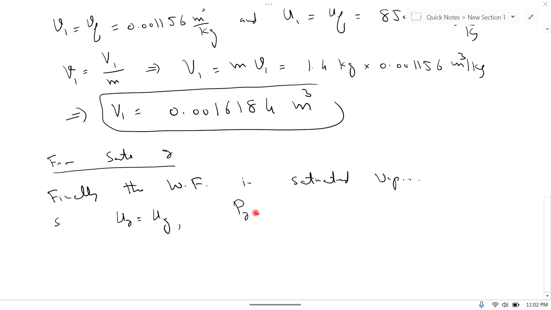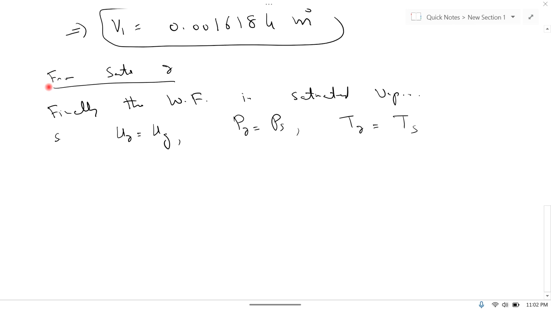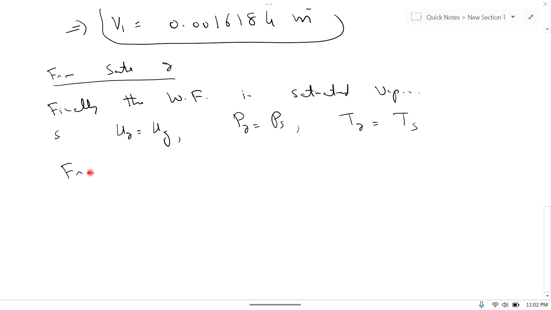P2 is equal to the saturation pressure, because from the saturated liquid line up to the saturated vapor line, pressure and temperature are saturation pressure and saturation temperature. So P2 is equal to Ps and T2 is equal to Ts. Now we can find these from the saturated steam table.